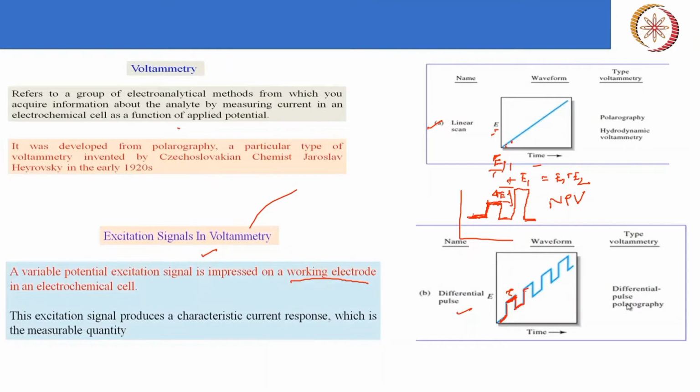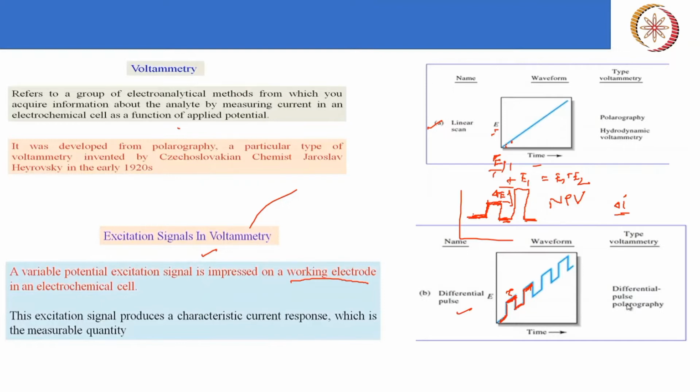Again you apply the same amount of potential, and you do not allow the system to go to the baseline that you observed in normal pulse voltammetry. In differential pulse voltammetry you are differentiating the current, and you can resolve two electron transfer reactions which are much closer to each other.